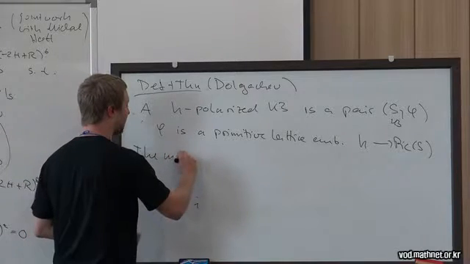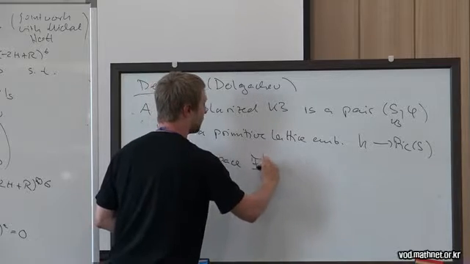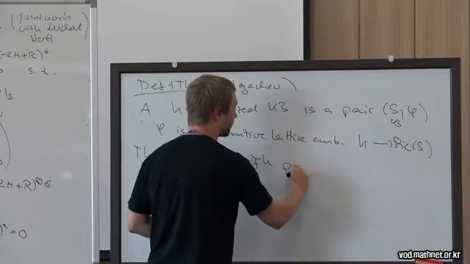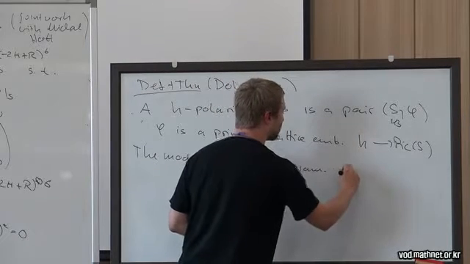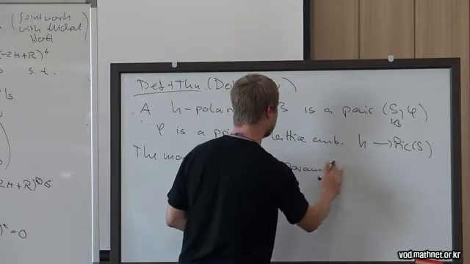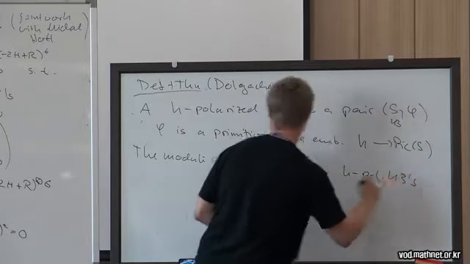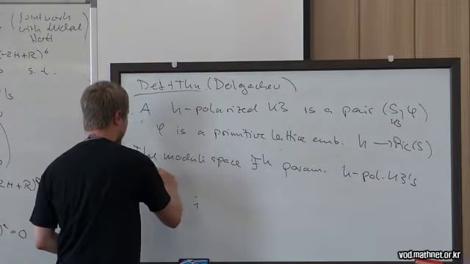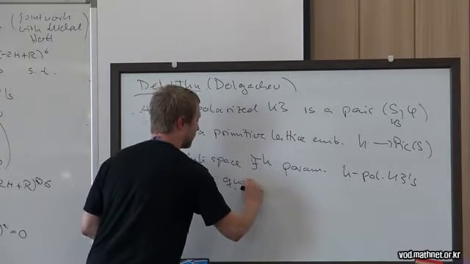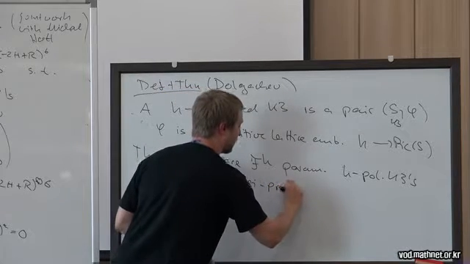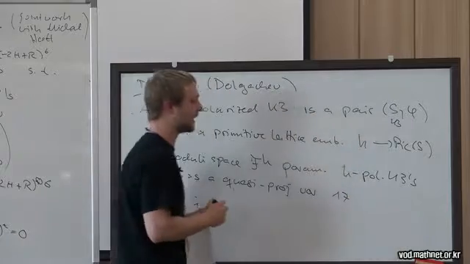The moduli space F_H parametrizing isomorphism classes of lattice polarized K3s exists as a quasi-projective variety, and it has dimension 17 in this case.